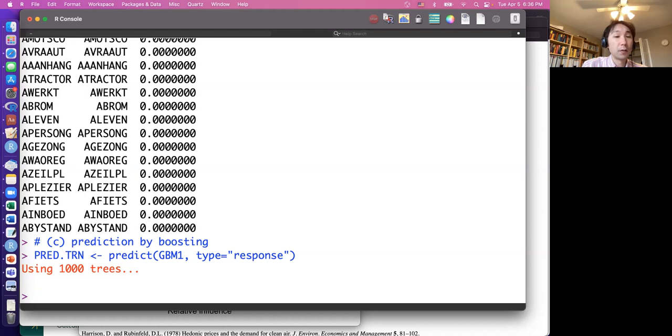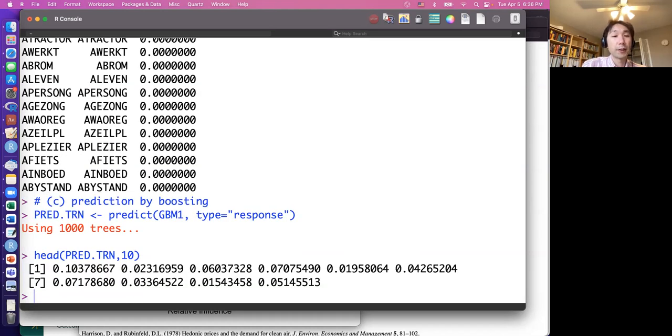If we see the result, these are just the probabilities for each observation. The first observation has a 10% chance to purchase the insurance product, the second person only 2%, the third person 6%, and so on.